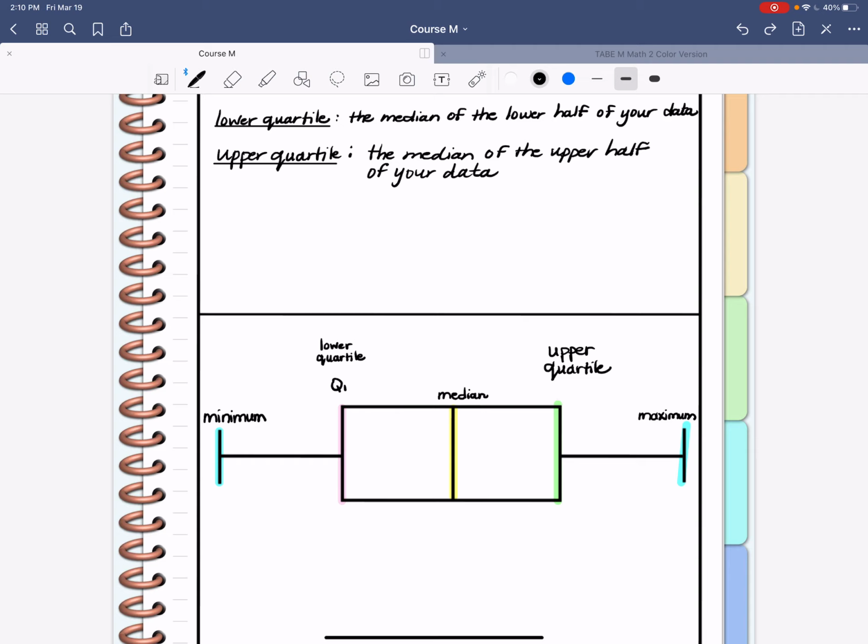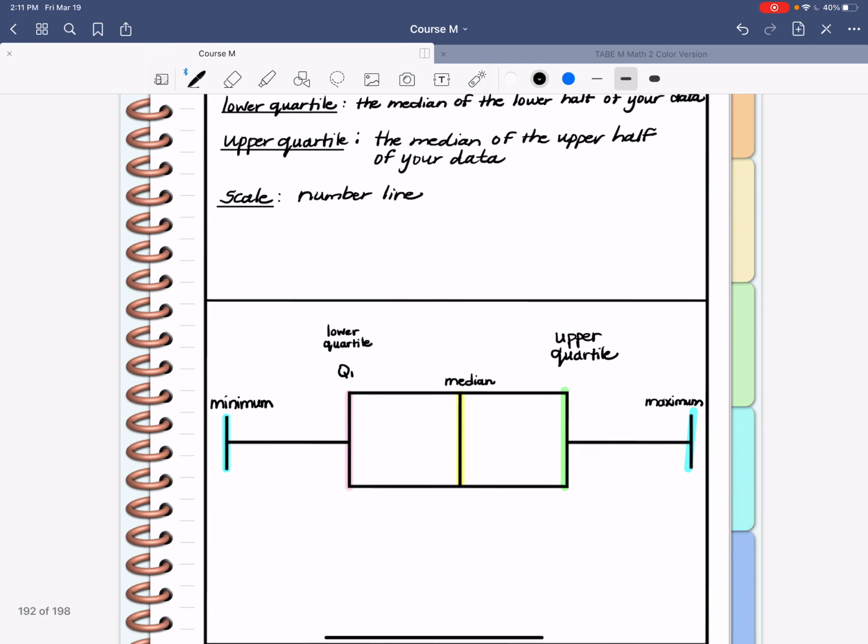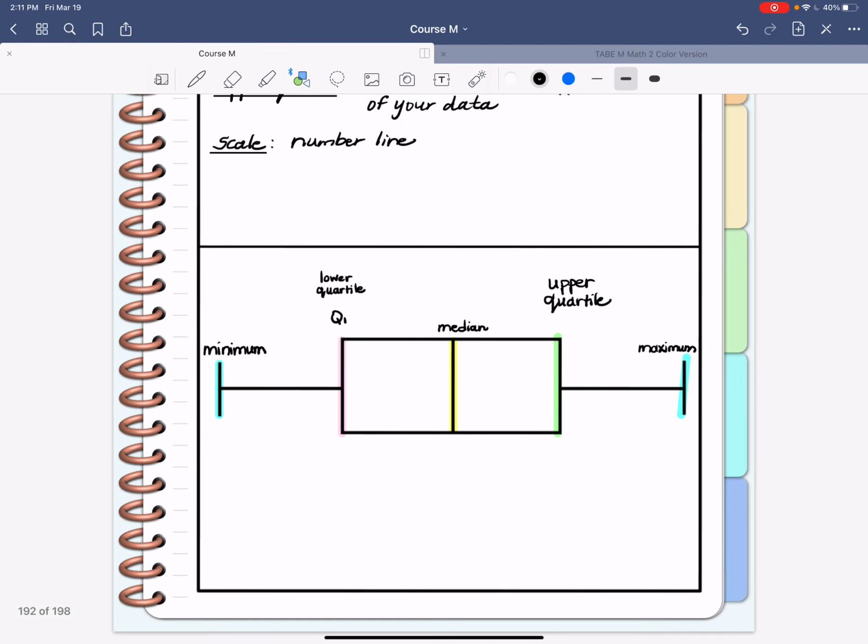And then there's one more thing, actually two more things. You need a scale on a box plot. And a scale is just going to be a number line. So we need to draw a scale on this one. I didn't draw it because I didn't have a scale to draw. There are no data to show you yet, but that's okay.